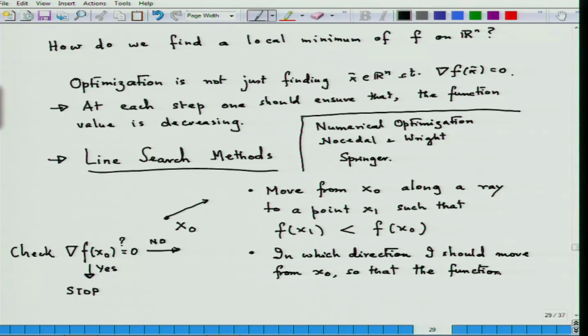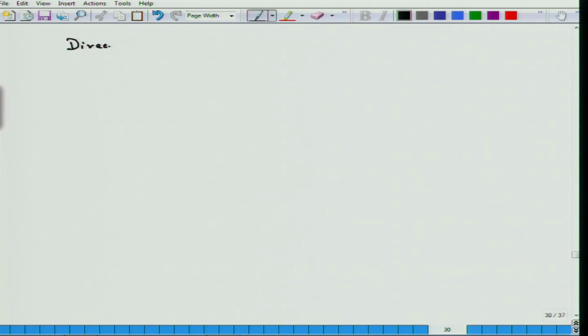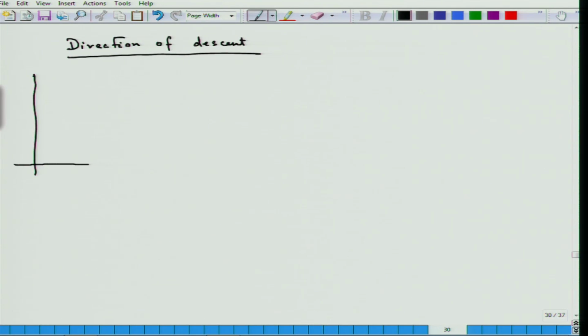I will take a descent along that direction, and the function value would descend. This brings us to the notion of a direction of descent, or a descent direction. Now, what is the direction of descent? Let me make the x axis and y axis also.